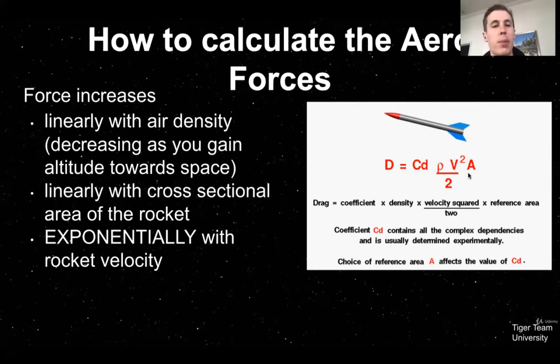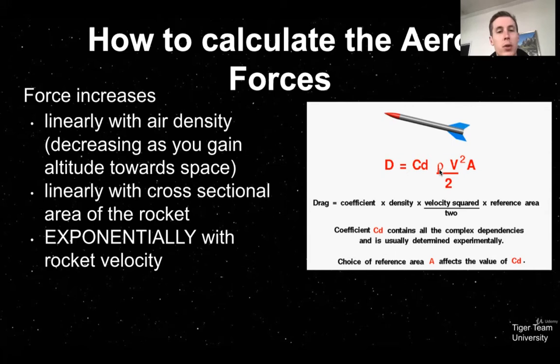All of that is divided by 2. So the force from drag increases linearly with air density. So as you move up through the atmosphere in your rocket flight, the air density decreases till it's 0 in outer space. So this is reducing the drag on the rocket throughout the mission from that phenomenon alone.